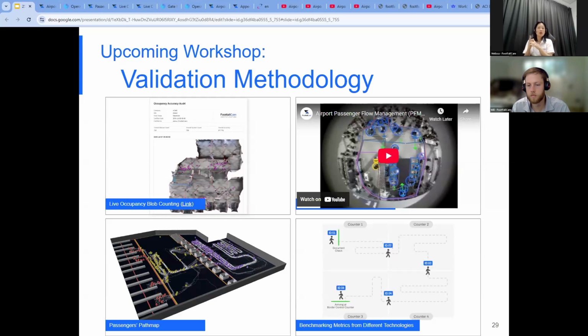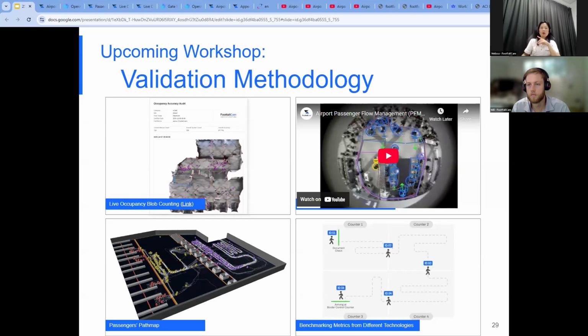So that's why accuracy validation is built into our architecture, with up to 12 automated methodologies cross-checking every aspect of the system, from the AI-based visual counts to the Bluetooth BLE tracking and the first in, first out wait time models.